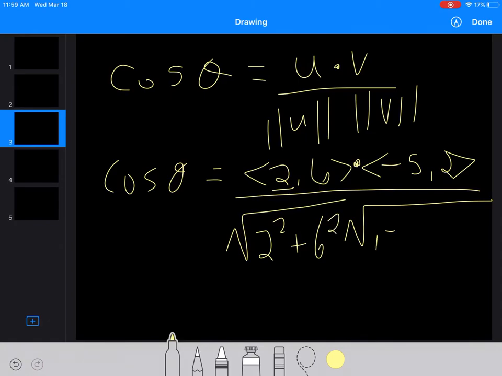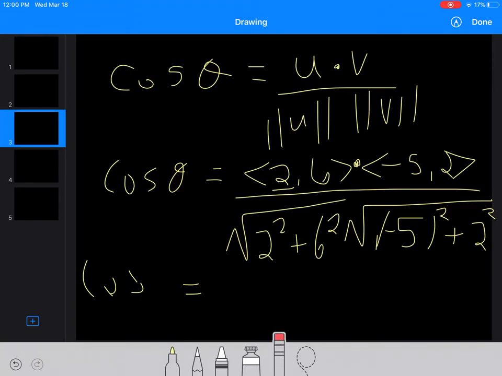So it's going to be negative 5 squared and 2 squared. And let's just simplify that up a little bit. I'll get used to this pen eventually, but as you can see, it's a work in progress.